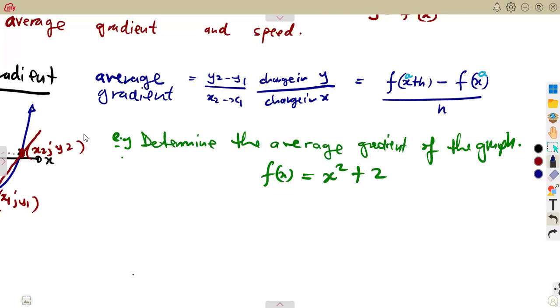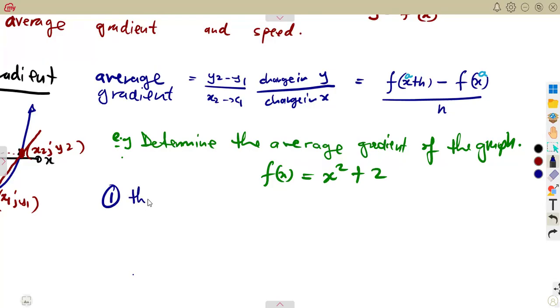All right. So remember, for you to have an average gradient, you must have corresponding points. So there we are going to be given the points where the average gradient is taken between these 2 points, all right?